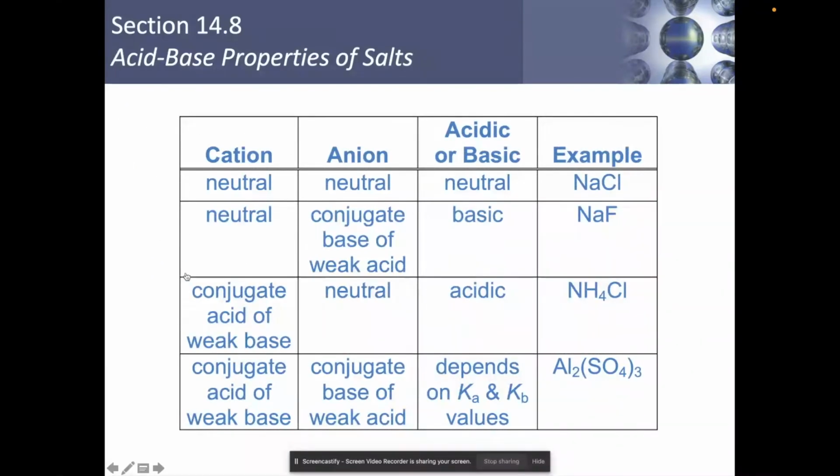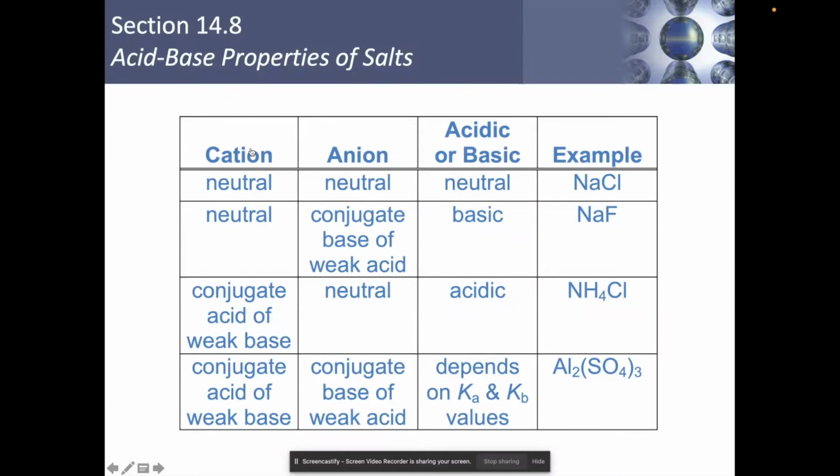All right, so here's a loose chart that gives you the relationship between whether a solution with a particular salt is going to be acidic, basic, or neutral. If we have a neutral cation and a neutral anion, we end up with a neutral solution. When we say neutral, we mean a salt of a strong acid, strong base reaction.